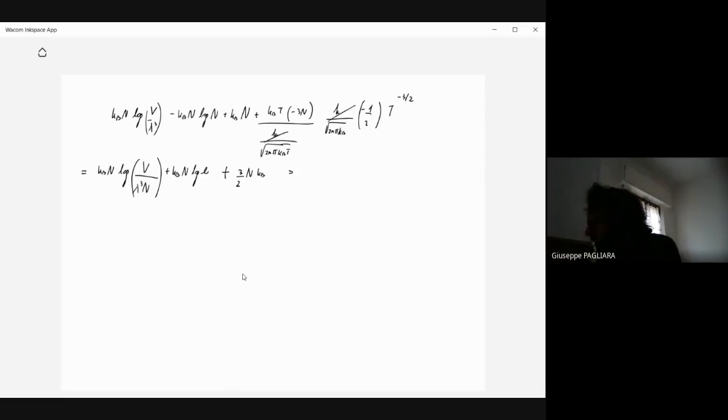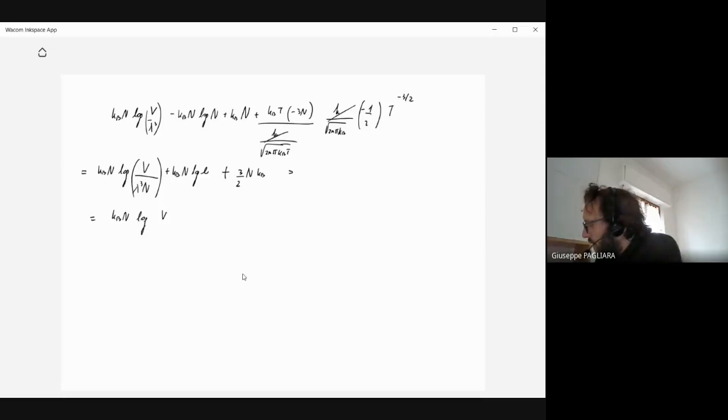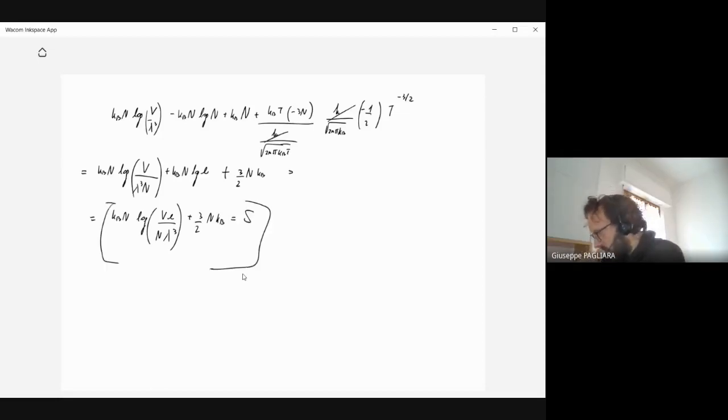Yeah, so then finally I have a kBn logarithm of V times e, and here I have n lambda cubed plus 3/2 n kB, and this is the entropy. Okay, which is the Sackur-Tetrode formula again. Okay, Sackur-Tetrode equation for absolute entropy.